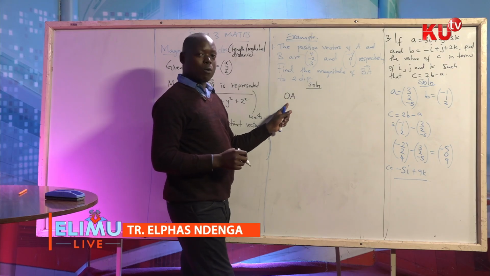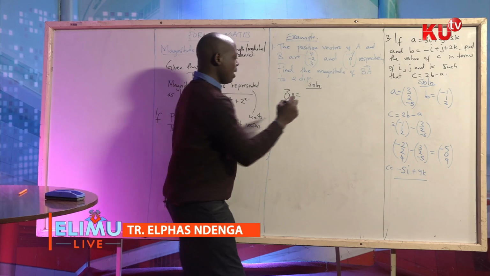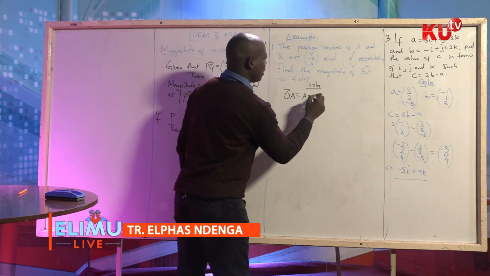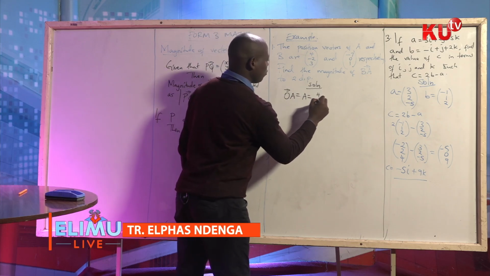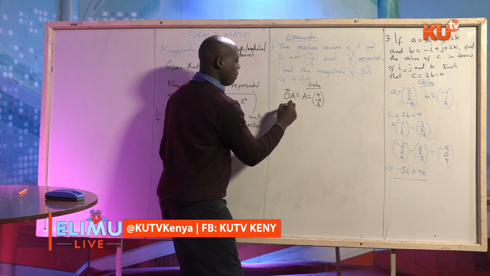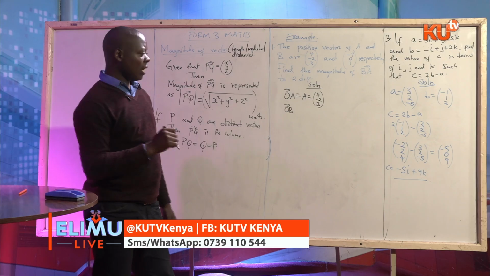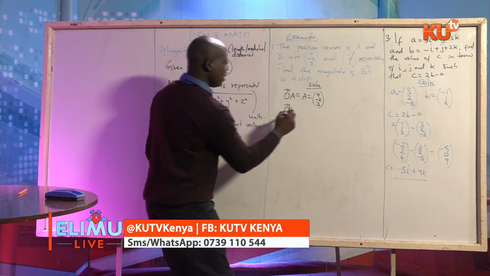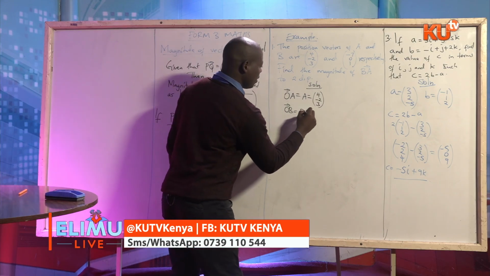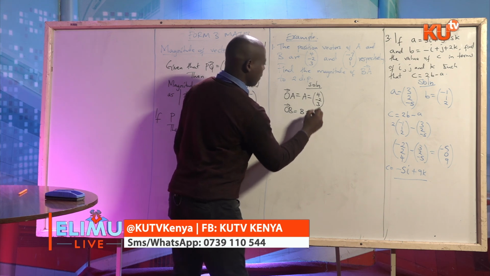They start from O. So OA represents the vector A, and that is 4, negative 2, 3. The position vector of B means OB. They start from O as well. This represents the vector B, and that is going to be negative 7, 0, and 1.